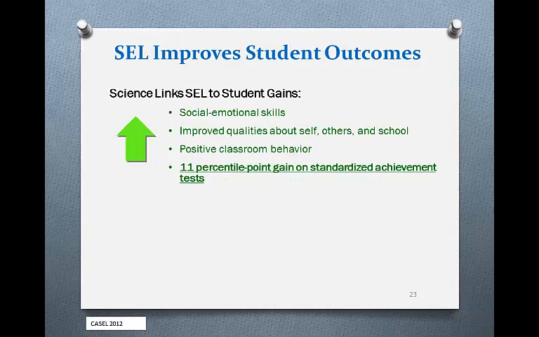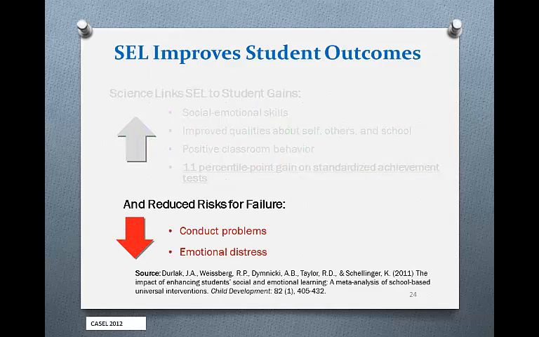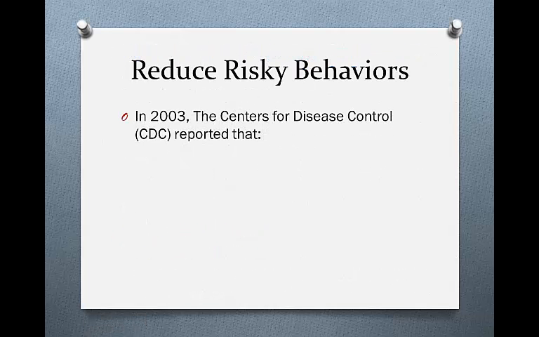This is a significant amount. When social-emotional learning was implemented, we also saw a reduced risk for failure, for behavior or conduct problems, and for emotional stress. Social-emotional learning, when implemented in schools, also reduces risky behaviors.